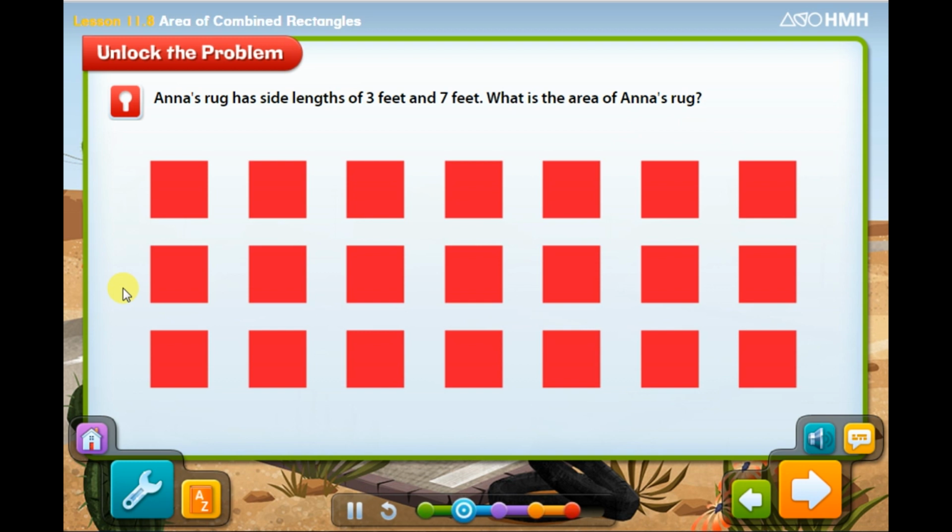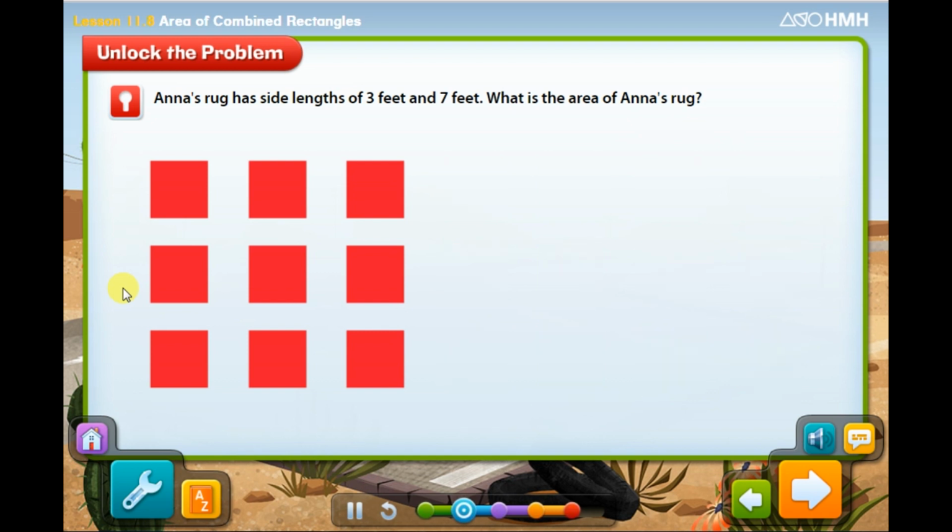Remember, you can use the distributive property to break apart an array. Let's look at an example. Okay, so we can easily use the distributive property to cut any shape into smaller shapes so we can find its area. For example, if I have 3 rows multiplied by 3 in each row, we can cut it apart into 2 and 1.